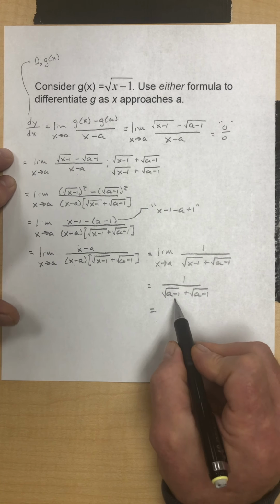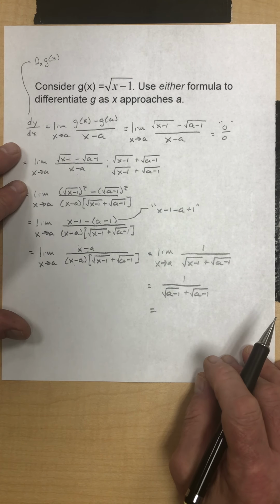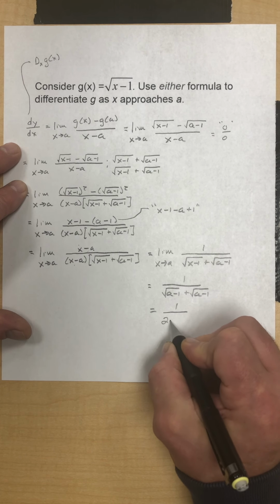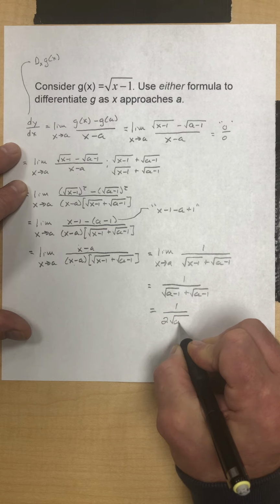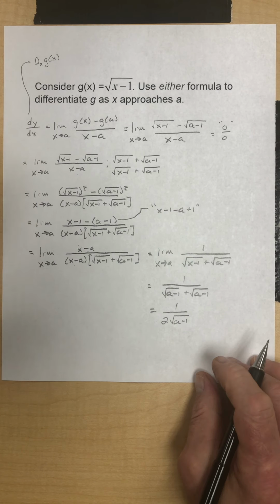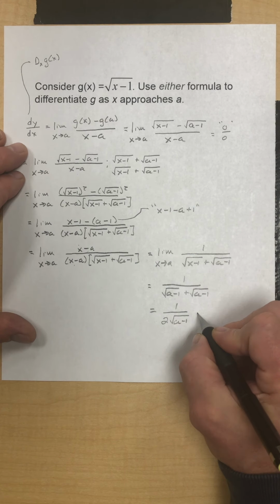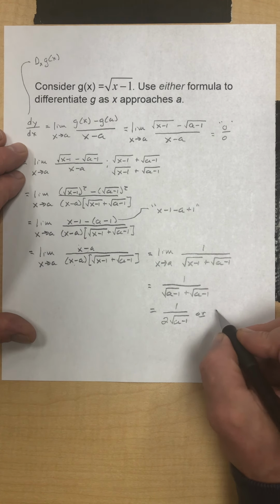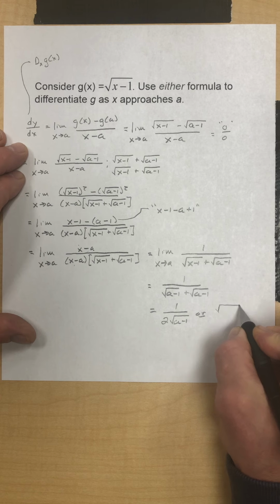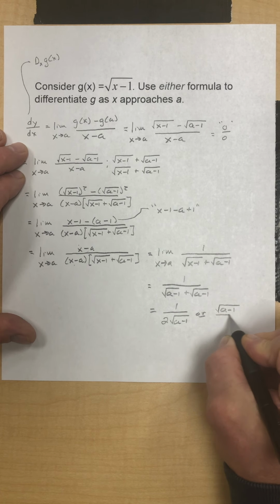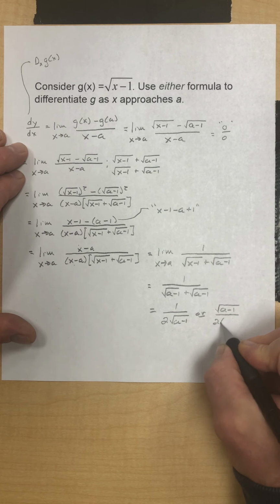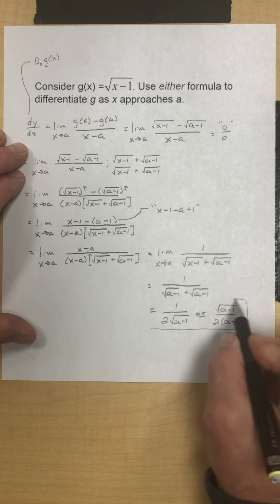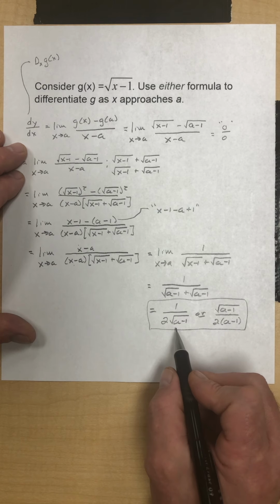And notice that these two radicands down below are similar, so I just get 1 over 2 times the square root of a minus 1, whatever a is. If you wanted to rationalize that, you could multiply above and below by the square root of a minus 1. So we would get the square root of a minus 1 all over 2 times the quantity of a minus 1. Either one works out fine as your answer. I'd probably just stick with the first.